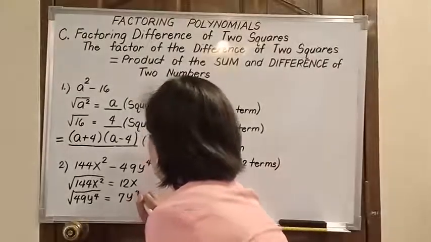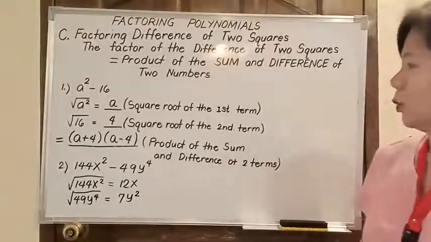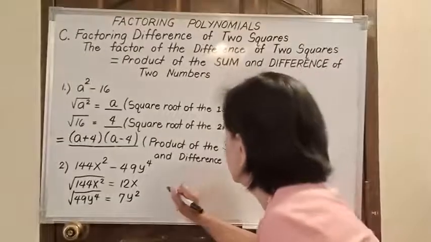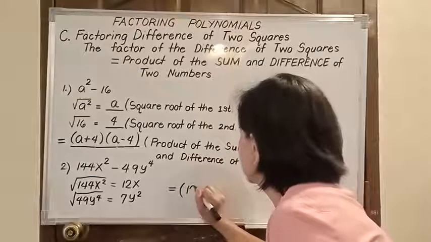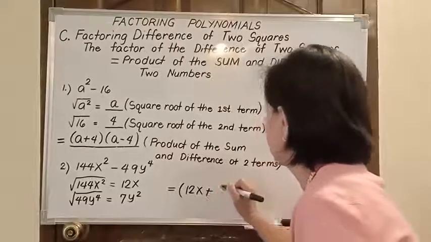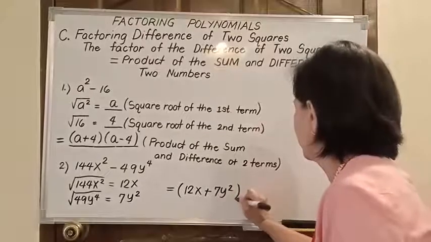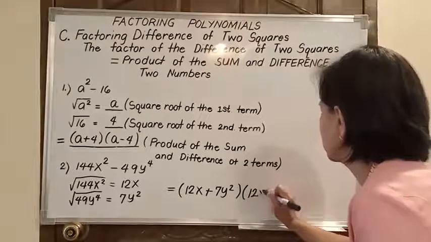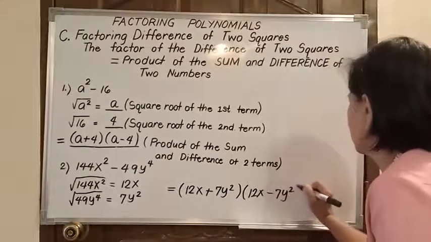Now, what are we going to do with their square roots? We will get the product of their sum and difference. So the factor should be the sum of 12x and 7y squared, and the difference of 12x and 7y squared.